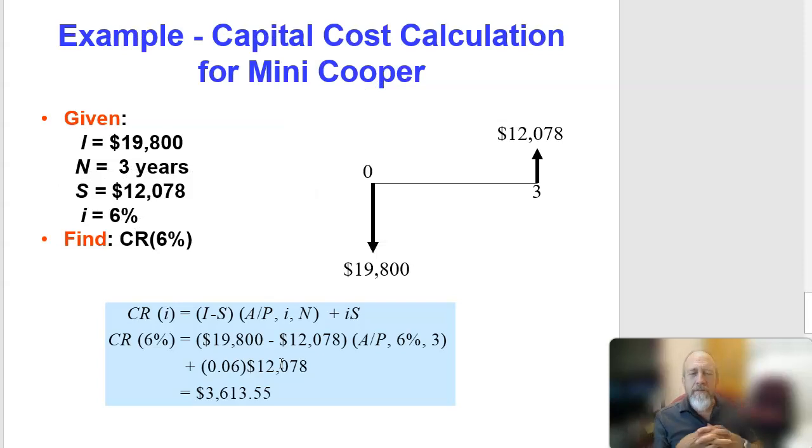say we've got a car, in this case, a Mini Cooper, purchased for $19,800, 3 years, sold for $12,078 with an interest rate, in this case, a good interest rate would just be kind of an average interest rate that you would see. A standard car loan interest rate would make perfect sense, so 6%. So your CR, essentially your capital recovery, your cost of ownership, in this case, is $3613.55.